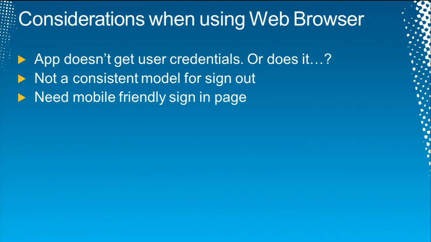Okay, so some considerations that you might want to think about when you're using this model: there tends to be an assumption that, just because you're entering the username and password in a different web browser control, that it's outside of the application, that it's more secure in some way. But really, that web browser control is still hosted in the app. That app has full access to the DOM.